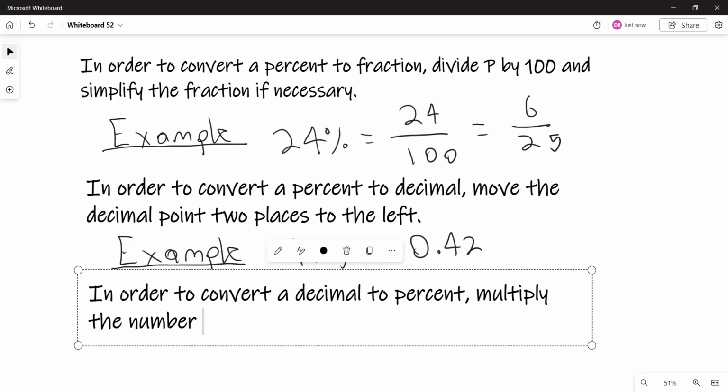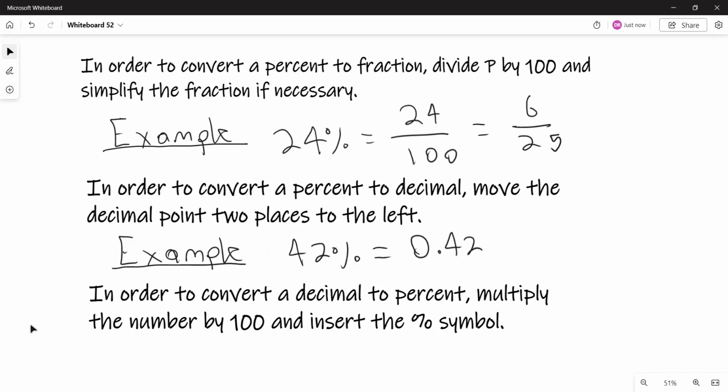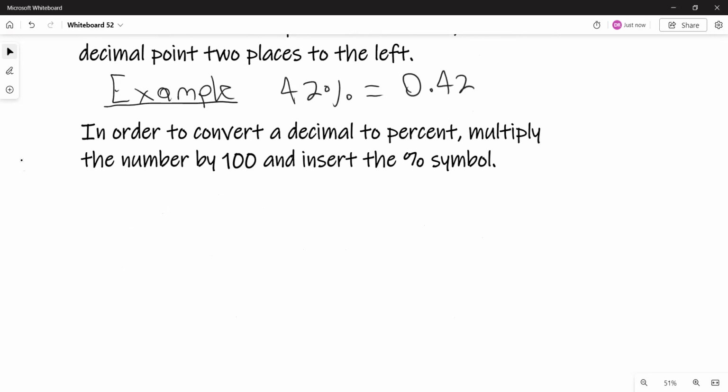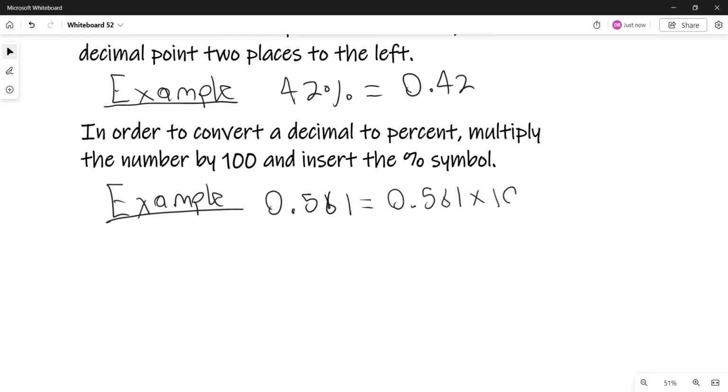Multiply the number by 100 and insert the percent symbol. So 0.561 as a percent is 0.561 times 100%, or 56.1%.